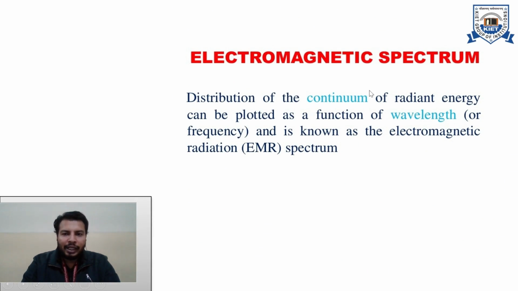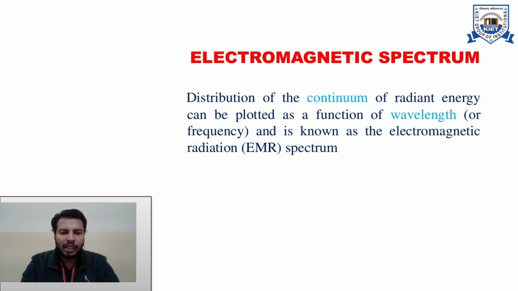What is the electromagnetic spectrum? We know that electrons, molecules or atoms, based upon some nuclear process, radiate some energy, and that energy is in the form of electromagnetic radiations. There are several wavelengths associated with a particular type of radiation, so we cannot speak of an electromagnetic spectrum of a single wavelength. A variety of wavelengths are emitted.